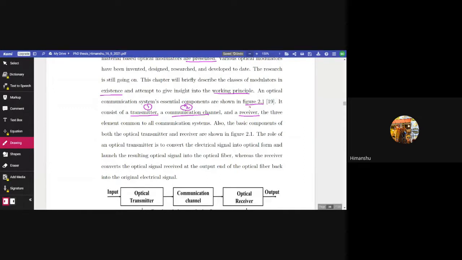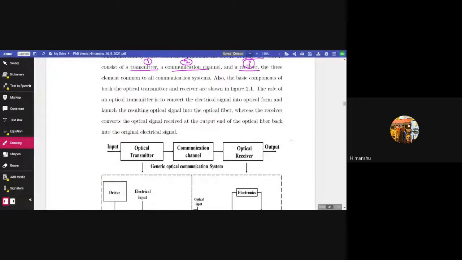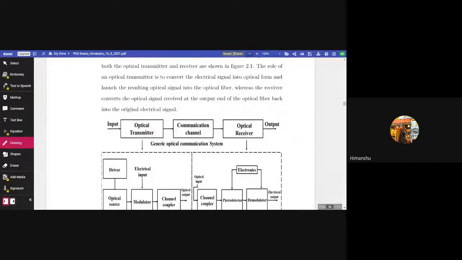Also, the basic components of both the optical transmitter and receiver are shown in figure 2.1. The role of an optical transmitter is to convert the electrical signal into optical form and launch the resulting optical signal into the optical fiber, whereas the receiver converts the optical signal received at the output end of the optical fiber back into the original electrical signal.